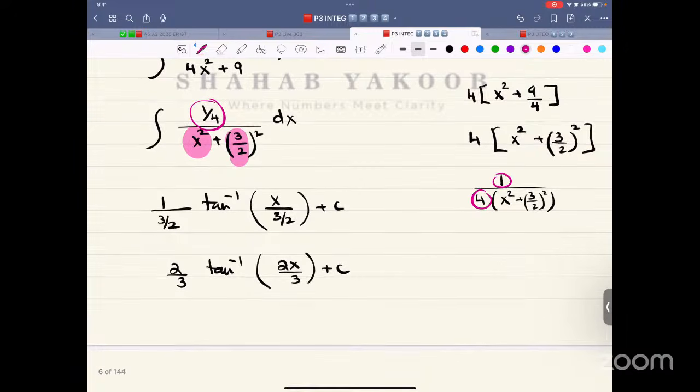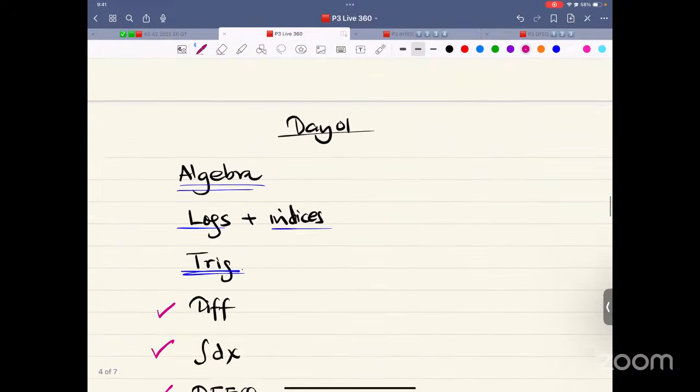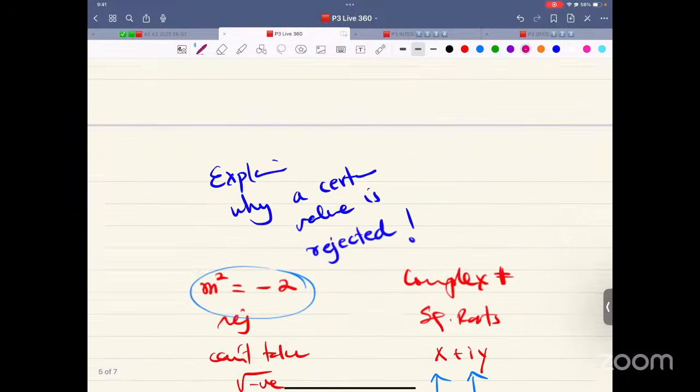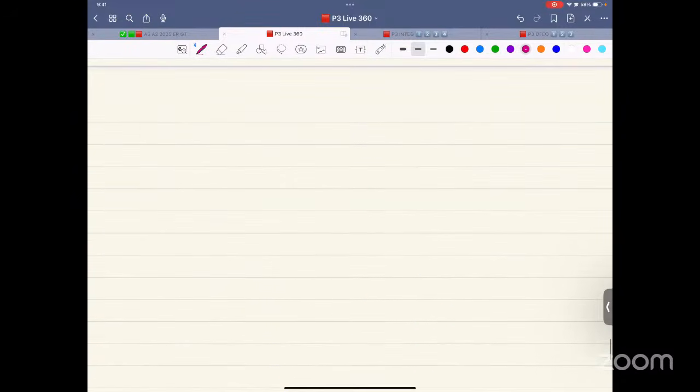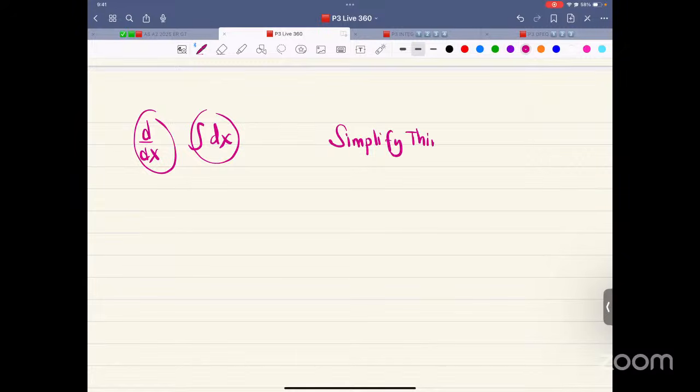Now, when we talk about integration, these are the important details. Let me focus on integration, for that matter, differentiation. Simplify things, whether it's about plus and negative signs, fractions, surds, or taking common.